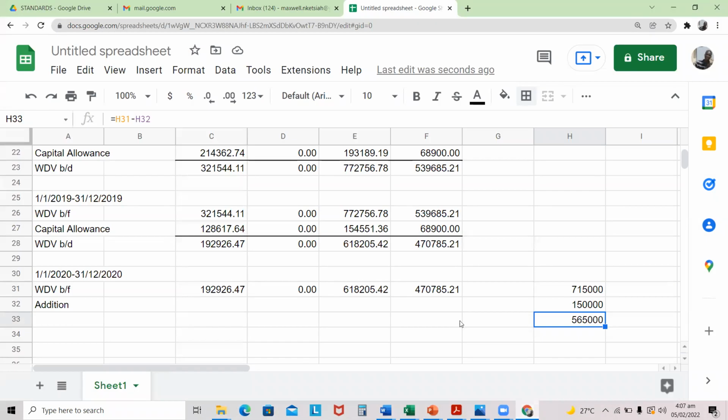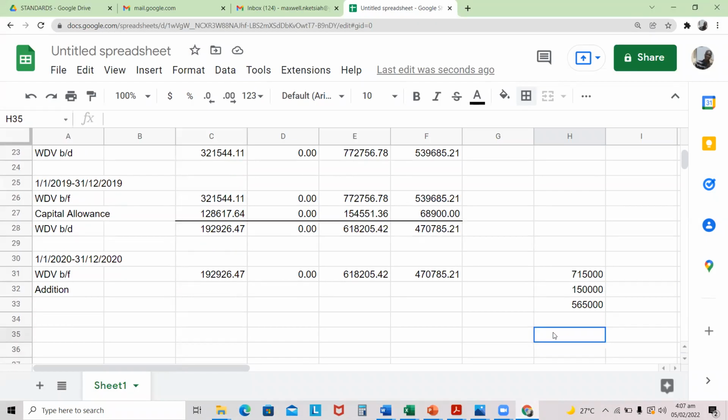So the amount that we should include in the calculation of capital allowance is 975,000 minus the excess, this one, 565,123. So this is the amount that we should include.